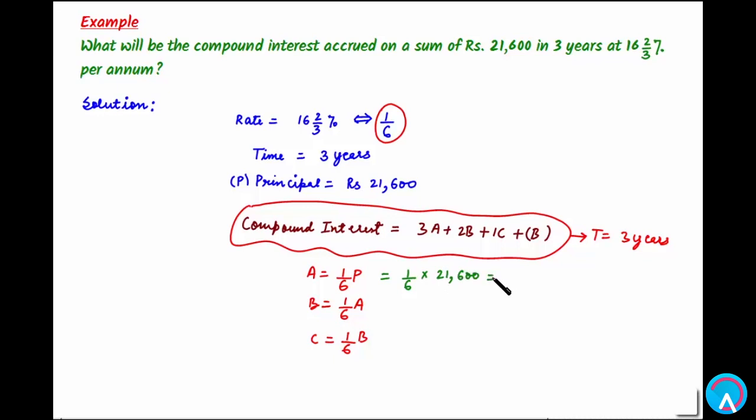So that will be equal to 3,600. And B will be equal to 1/6 of A. That means 1/6 multiplied by 3,600. So that is equal to 600. And C will be equal to 1/6 of B. That means 1/6 of 600. That will be equal to 100.